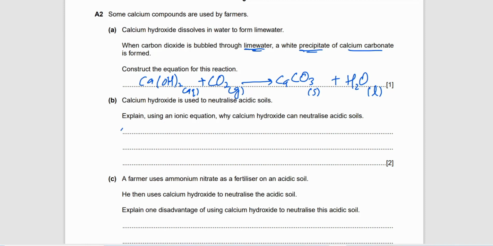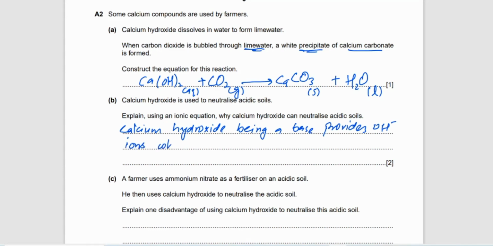So we know that calcium hydroxide, being a base, provides hydroxide ions which neutralize the H plus of acids and water is formed.